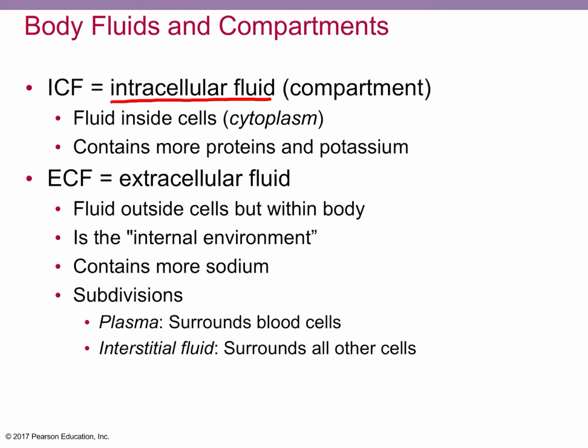So inside the cytoplasm of our cells, we have this intracellular fluid, and its chemical composition is going to be different than the extracellular fluid, the fluid that's outside the cells, okay? So this extracellular fluid can also be called interstitial?